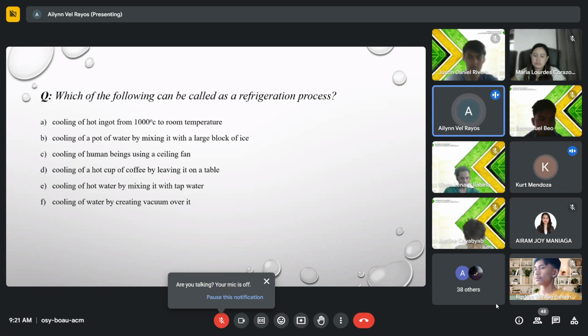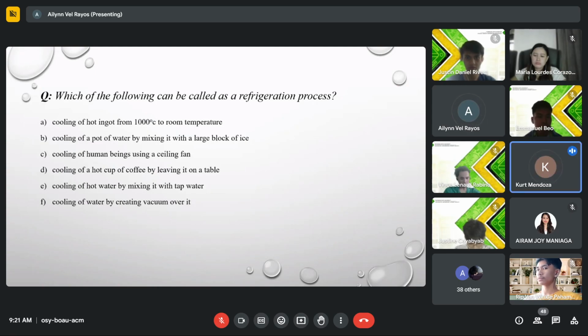Again, our instruction is to read, then provide your answer. Letter B, cooling a pot of water by mixing it with a large block of ice. It is a refrigeration process, because by using the large block of ice, the pot of water cooled below the surroundings. Okay, that is correct.